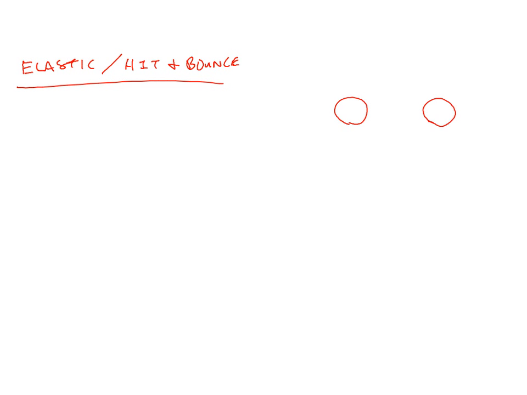Here, any two things that would hit and bounce will be fine. This will be the elastic collision, hit and bounce. And pool balls are a pretty good approximation of this.